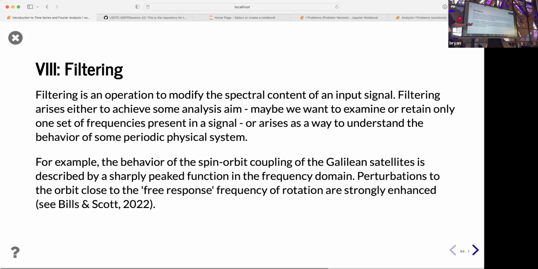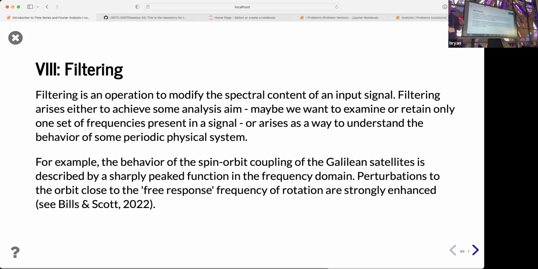I talked about this paper that I wrote a few years ago, but it turns out that spin-orbit couplings, because of a damping term that appears in the rotational response of an icy satellite, like one of Jupiter's moons, you would actually end up with a very sharply peaked filter that can really amplify and potentially measure a term that depends on the ice shell thickness.